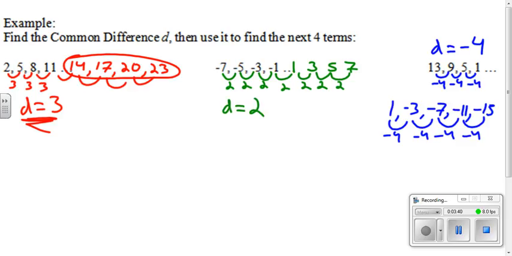If we were given a sequence such as 1, 3, 7, 9, 10, and asked, is this an arithmetic sequence? Well, here we'd have 2. Here all of a sudden we have 4. Here we have 2 again. Here we have 1.